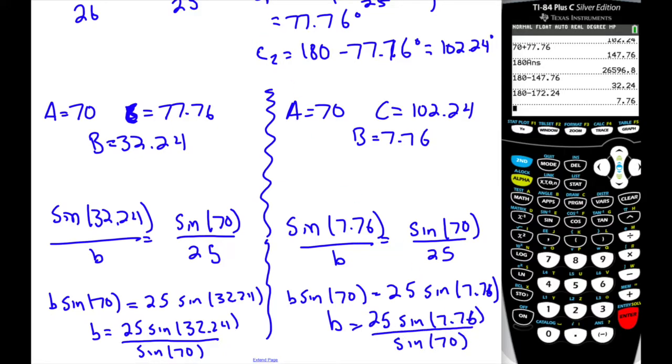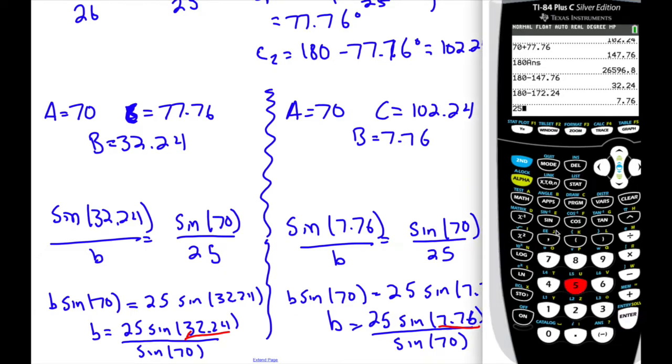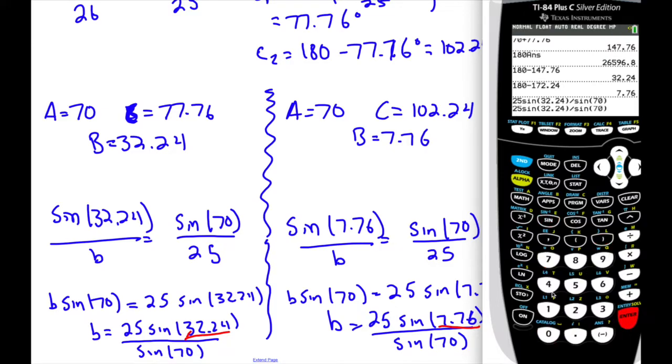See, the only difference here, this was 32.24, this was 7.76, okay? So I'm going to do 25 times the sine of 32.24 over the sine of 70. Please make sure you close out your signs because it will give you the wrong answer.